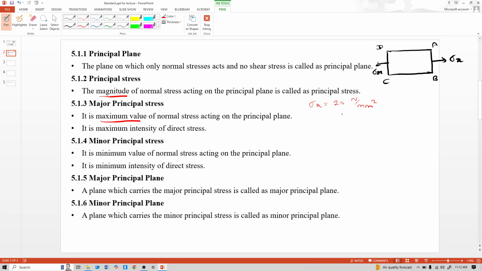Maximum value means, for example, 200 or 500. Minor principal stress is the minimum value of normal stress, for example 200 Newton per mm square, and it is the minimum intensity of direct stress.